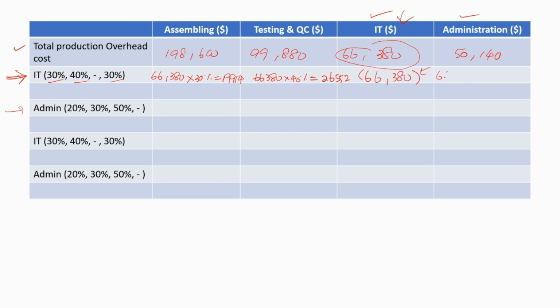For administration, what will happen here is this value is 0 because we just distributed this value among the other cost centers, and the administration is equal to 50,140 plus 19,914.